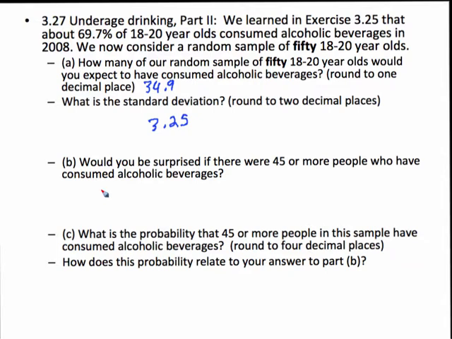Okay, now why? Well, because we know that by the 68, 95, 99.7 rule, or the empirical rule, most of our data in an approximately normal distribution should reside within 2 standard deviations of the mean, 95% of it. If you're more than 2 standard deviations above or below the mean, then you're probably an unusual event.